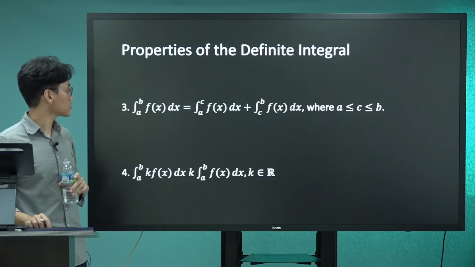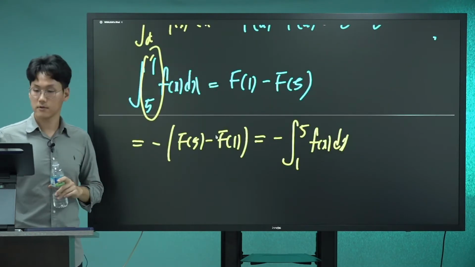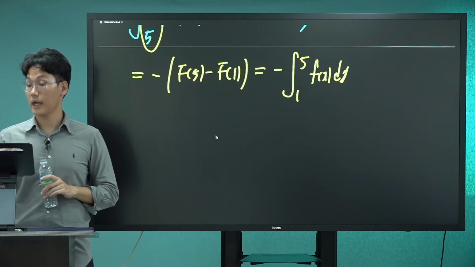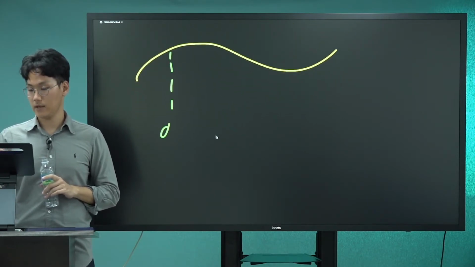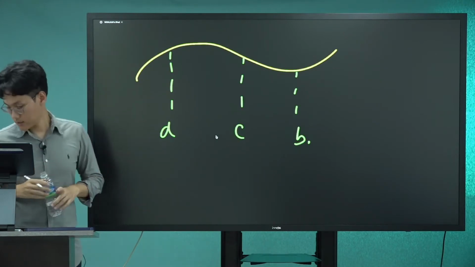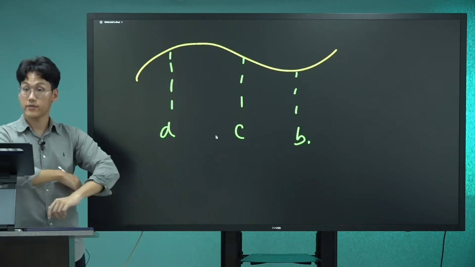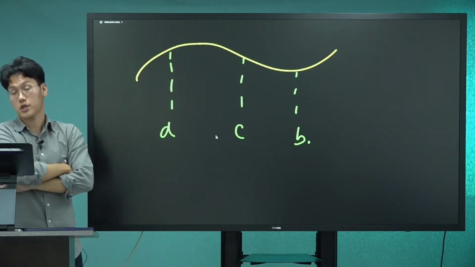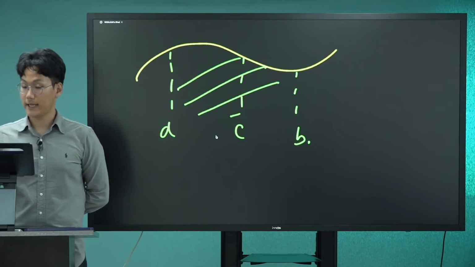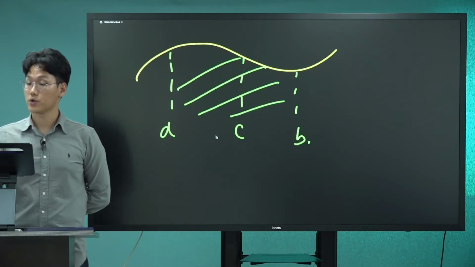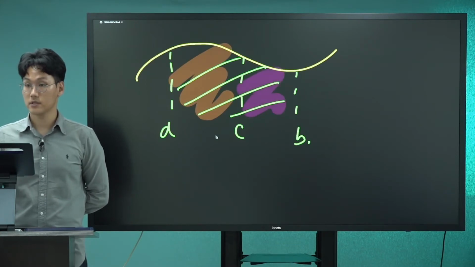And also, by the sense of working with the integral as area, a, c, b. Suppose you have the function like that, and we're going to learn that the integration is largely associated with the area. So if you want to find the area from a to b, what you could have done also here is to work with the area from a to c and c to b.